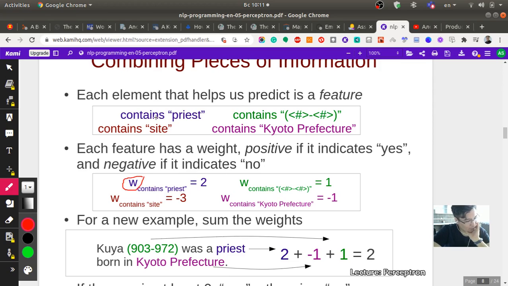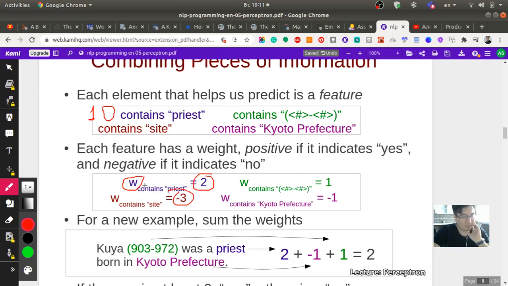Each document has some value: contains priest will be 1 or 0. If it contains it, it will be 1; if it doesn't, it will be 0, and so on. Each feature has a weight. Positive indicates yes, and negative indicates no. Here you see 2, -3.